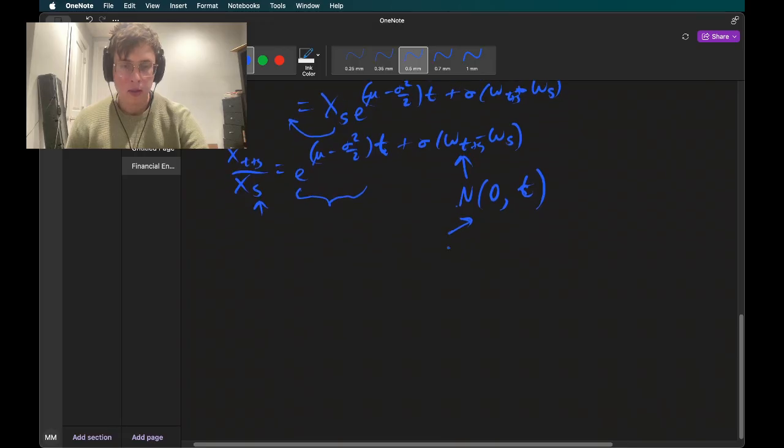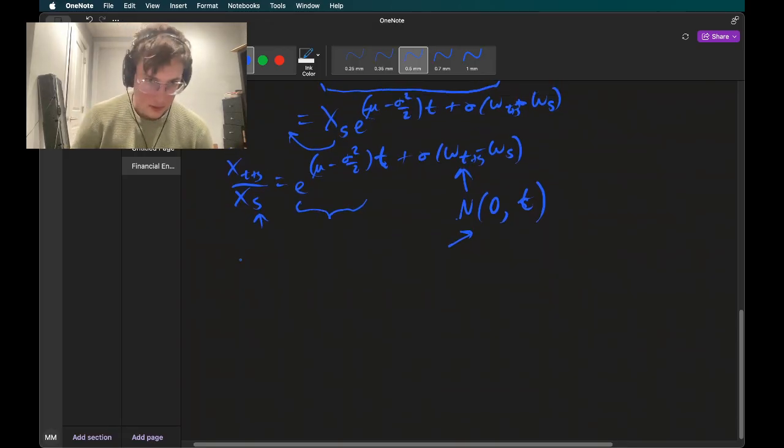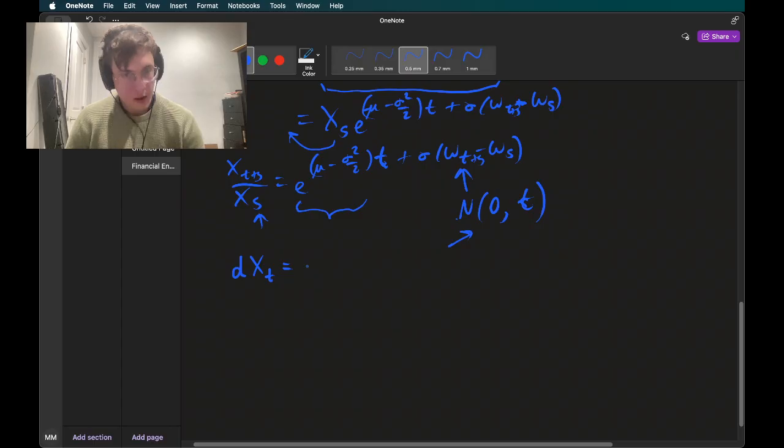The other thing I wanted to talk about is that this equation comes from this differential equation. Let me write it out. dX_t is equal to mu X_t dt plus sigma X_t dW_t.